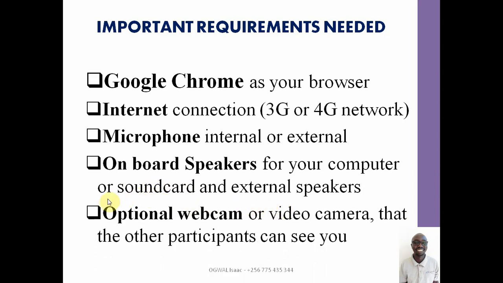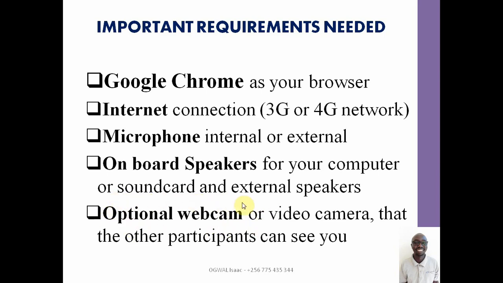And we also need an optional webcam or video camera so that the other participants are in a position to see you. So this is optional. You can get it installed. If your computer has it, then that is well and good.